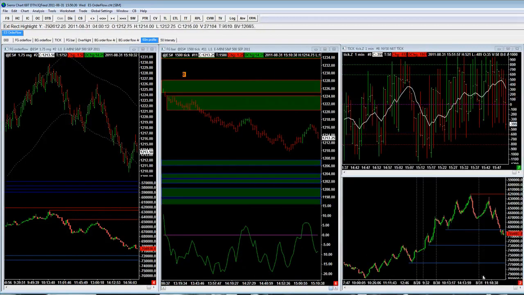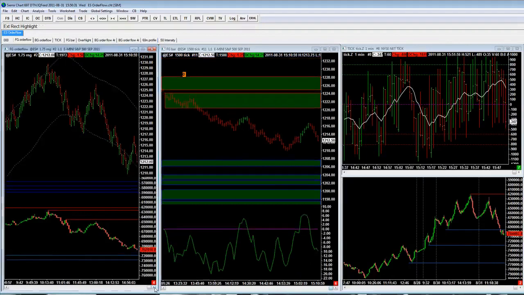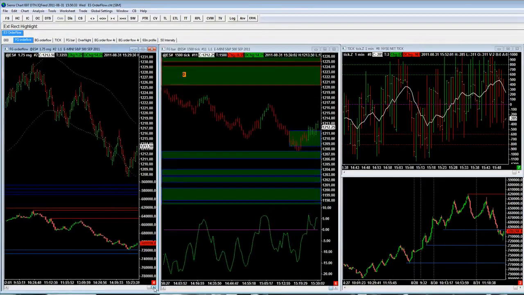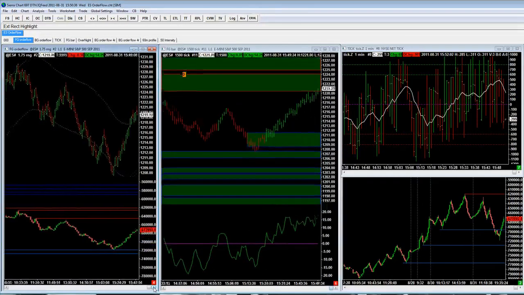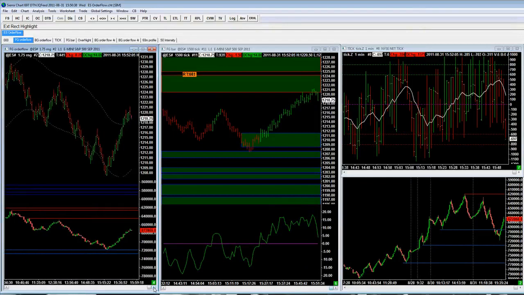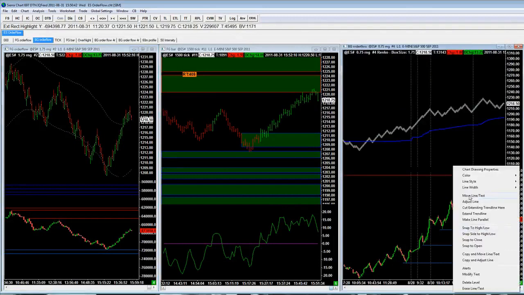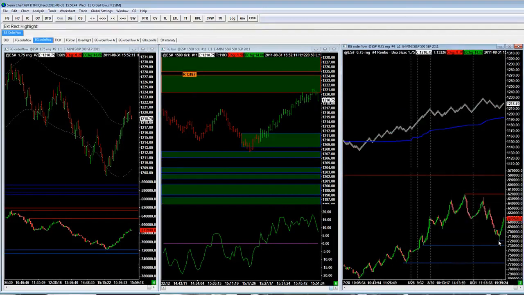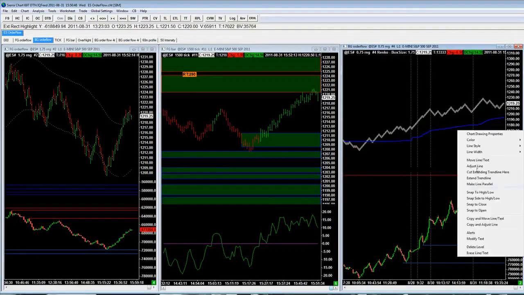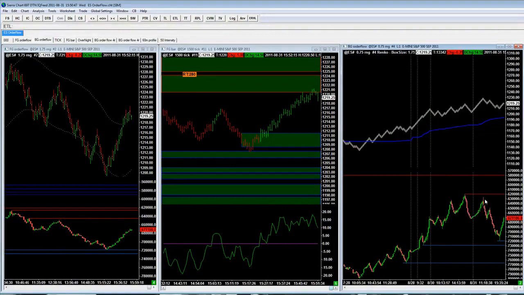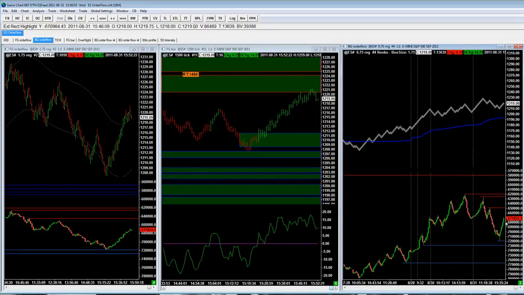Let's update a few of our inventory levels here. These are the levels I'm going to key in on overnight, not only for inventory transition, but commitment.